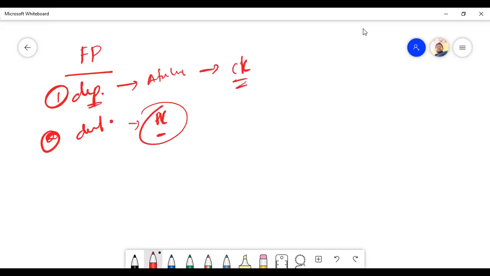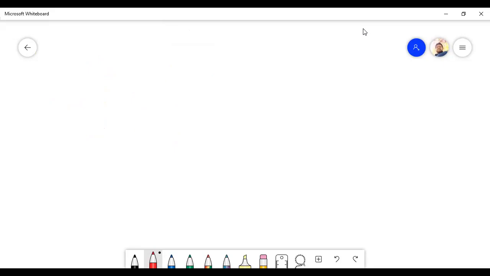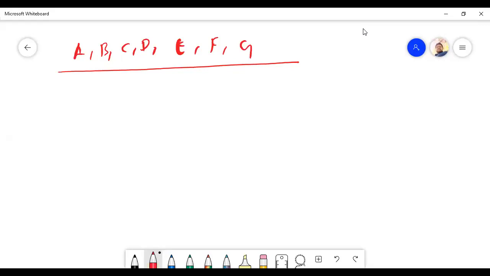Now another example. Simply I can go with A, B, C, D, E, F, G. So you have 1, 2, 3, 4, 5, 6, 7 attributes.